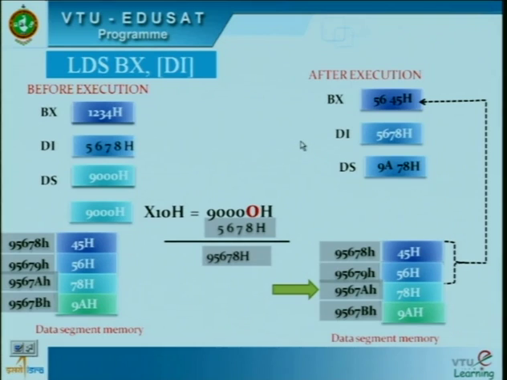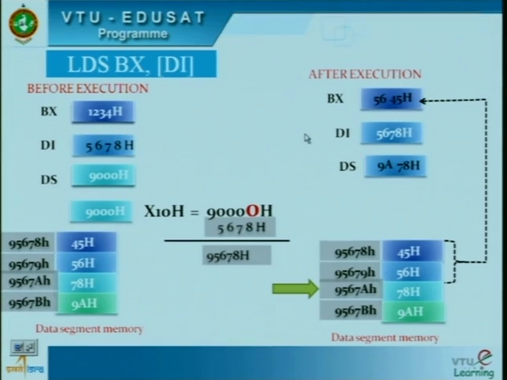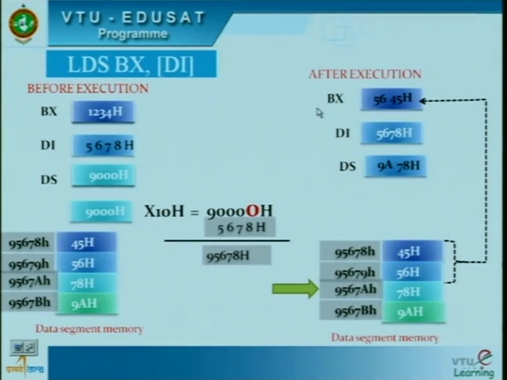My dear students, when you have some predefined table stored at a predefined location, and you are aware of that memory location address, where in your program you want to use that table for some conversion purpose or for some access, in that case I can change the value of the data segment to the base address of the new data segment at which the table is present, and BX will be pointing to the starting address or to the appropriate location of that particular table, and that is how basically LDS BX comma DI works.